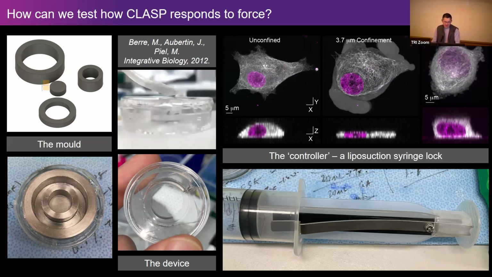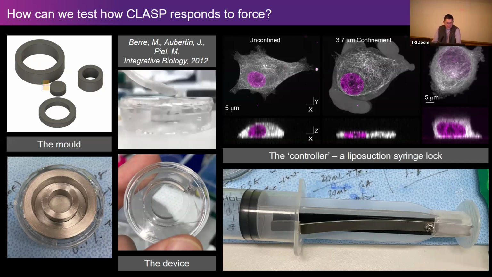And what you can hopefully see on this image, second from the left, is that there are little circles on the flat surface of the device. And these are actually little pillars that we microfabricate to distinct heights to control how much we confine or compress the cells.